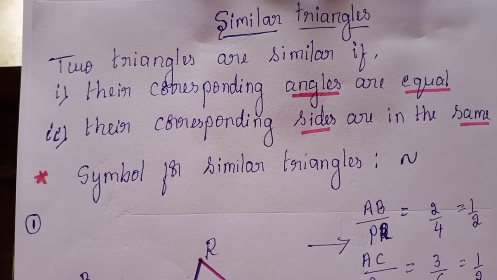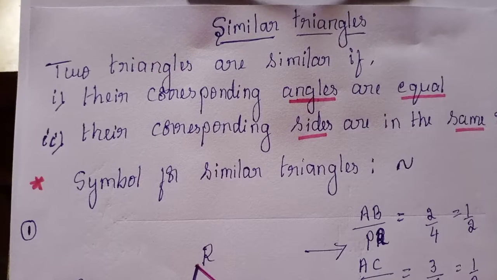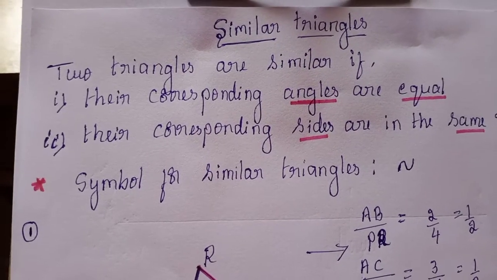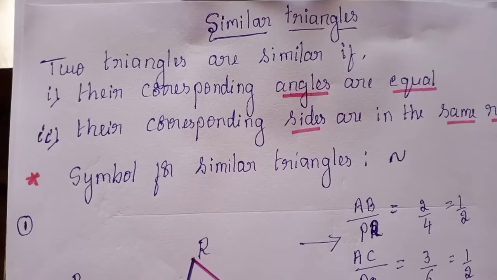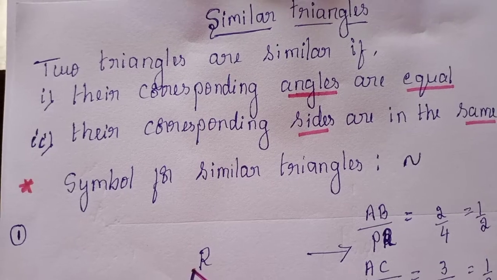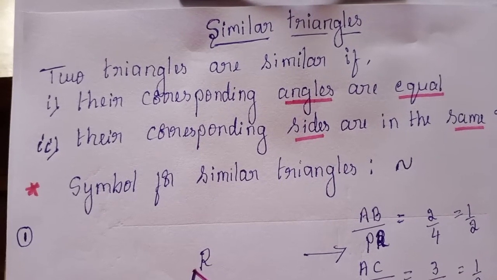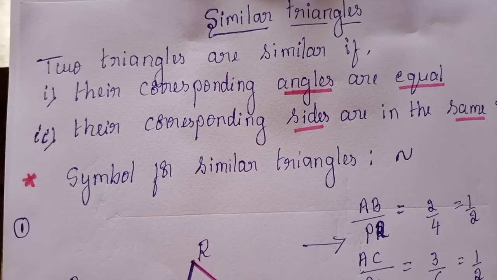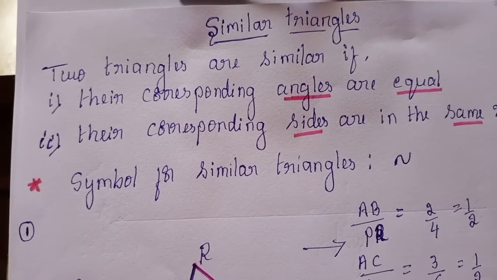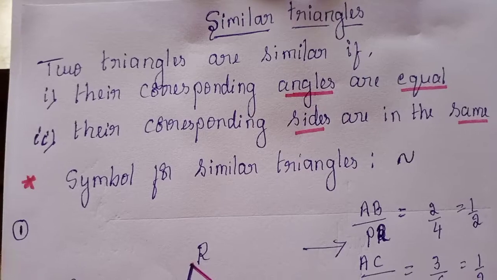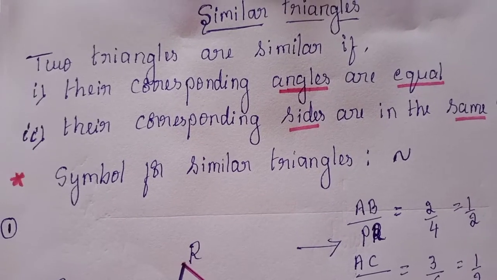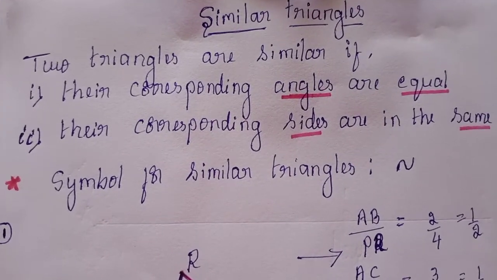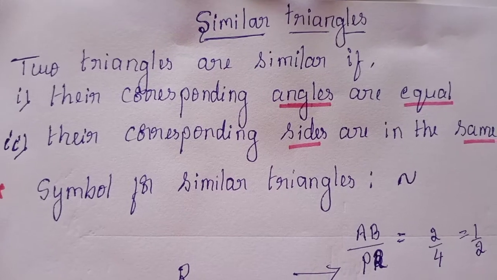Next, what is similar in general? If you take your palm and your younger sister's palm and coincide them, are they equal? No. Shapes may be equal, but the size is not the same. Therefore, they are not congruent, but they are similar.